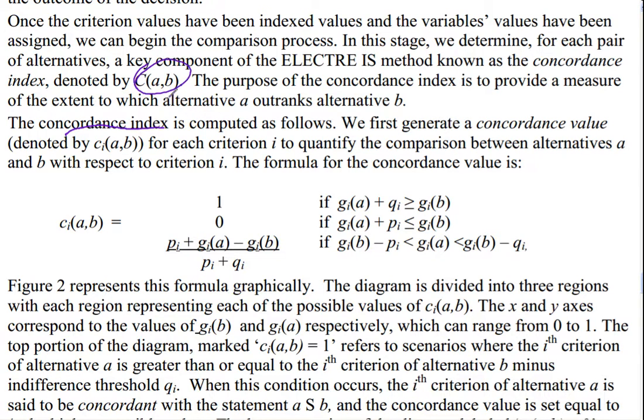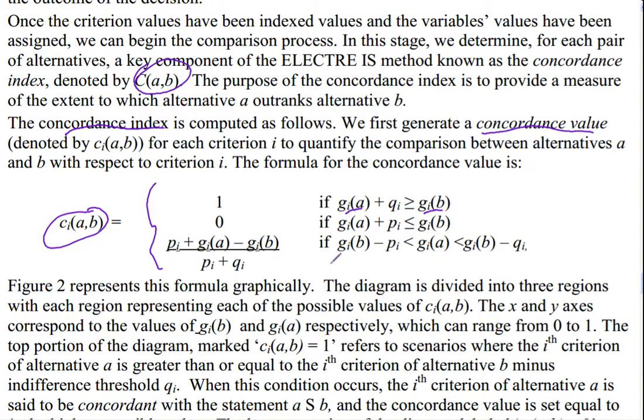This concordance index is what is going to determine whether A is better than B or not. Now, the concordance index for comparing two alternative strategies is computed on the basis of concordance values for each individual criterion. So for each criterion, I need to compute this value, and it takes different values depending on the range of the index functions.